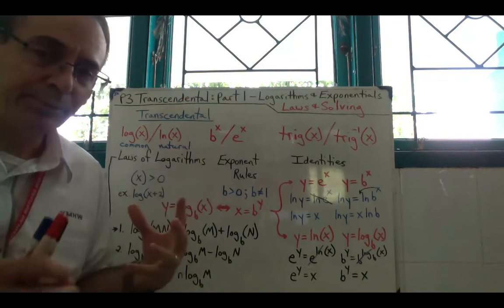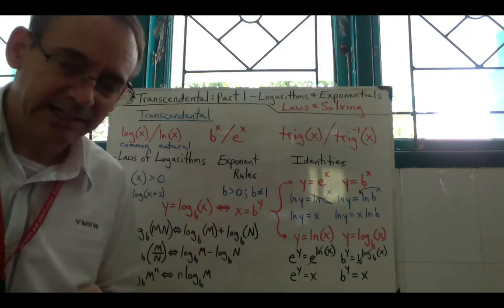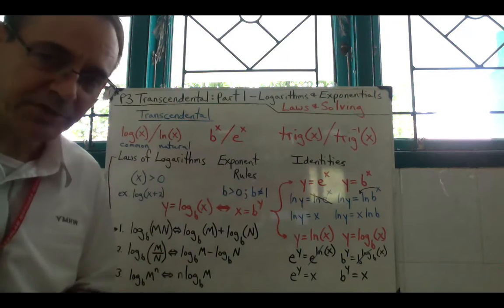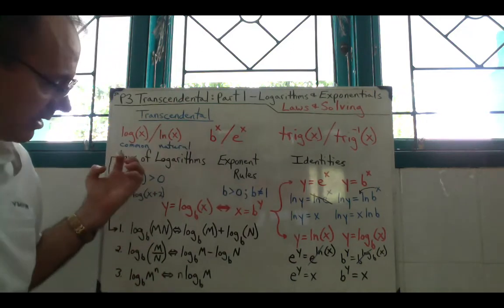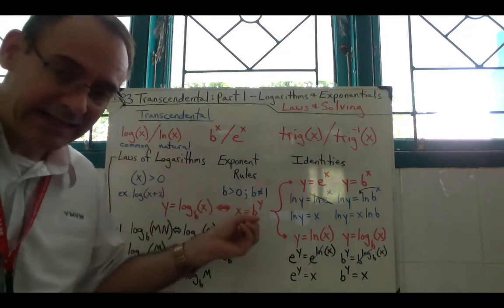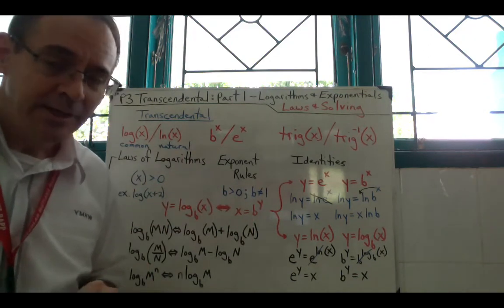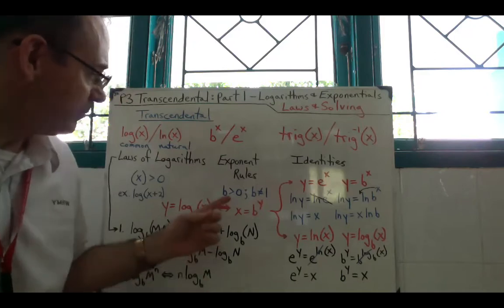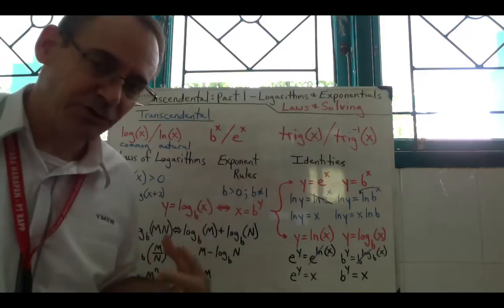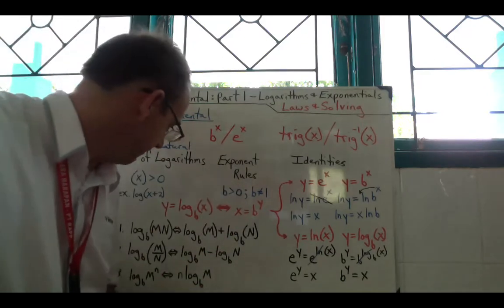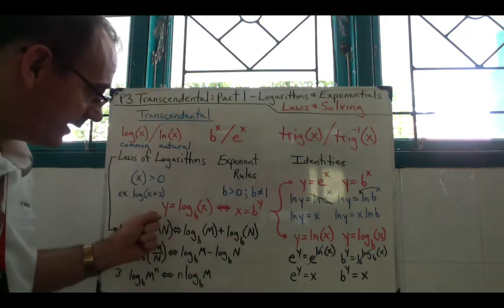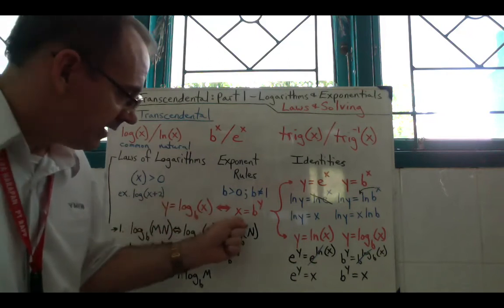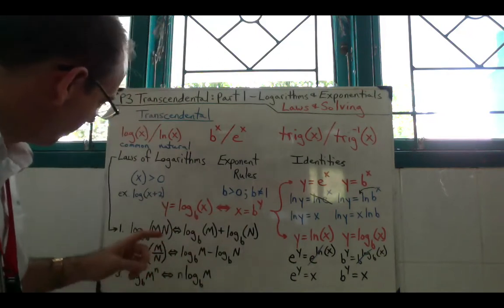So there's many places, especially in science, where logarithms are used, and the fact that you can translate it into an exponential can also be helpful because you are already used to exponential rules. Okay? So this is how you transfer it from a logarithmic function into an exponential function.